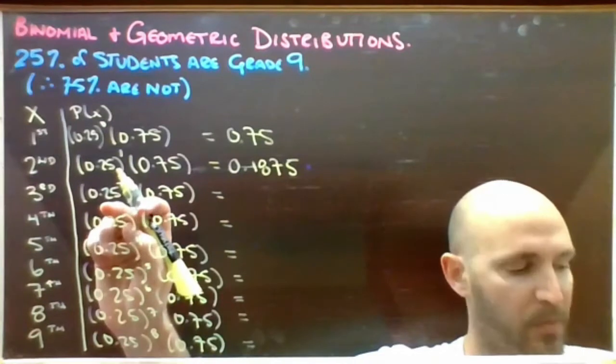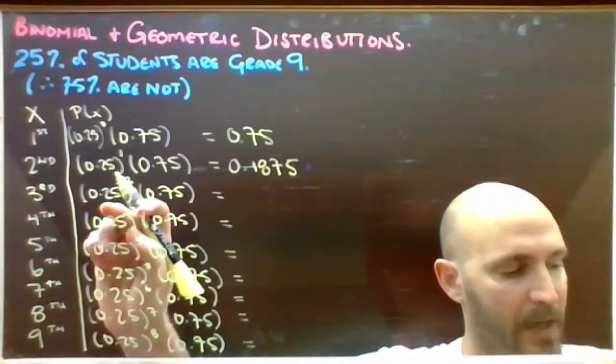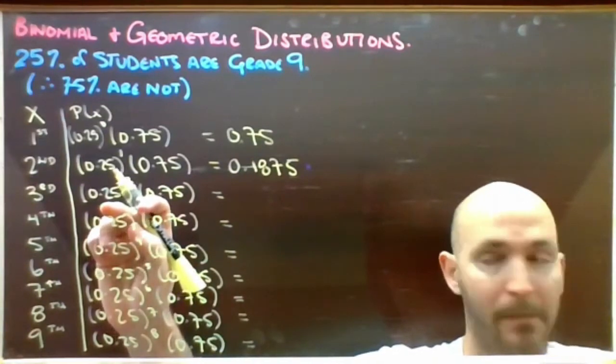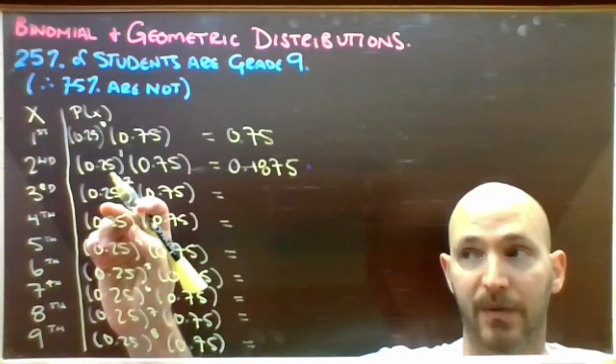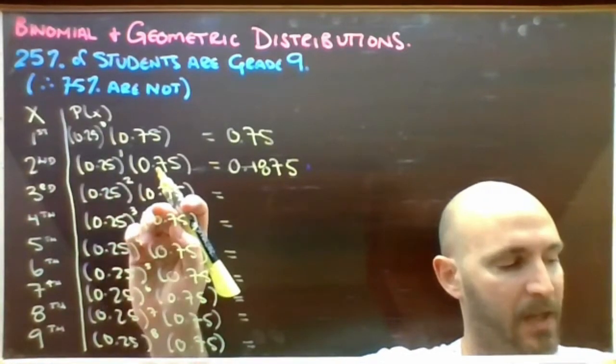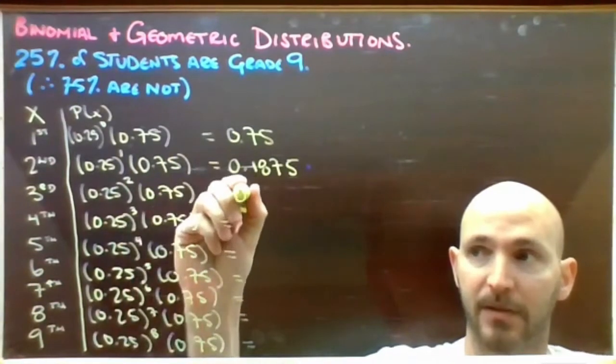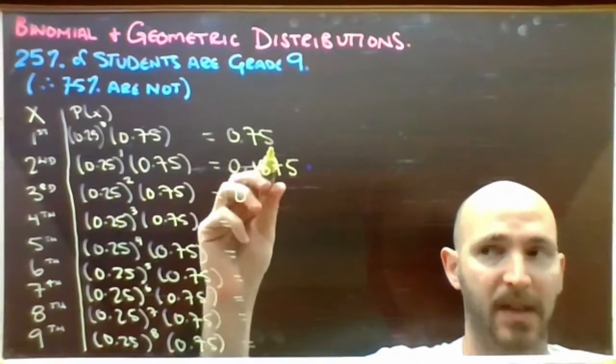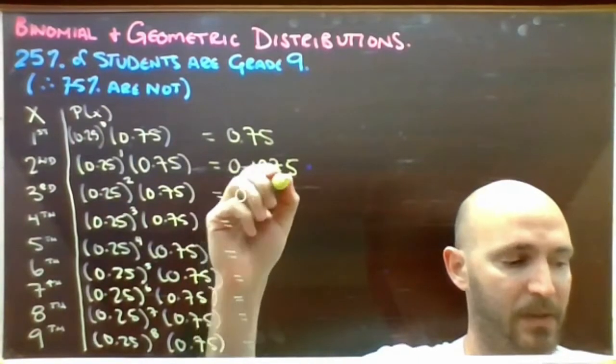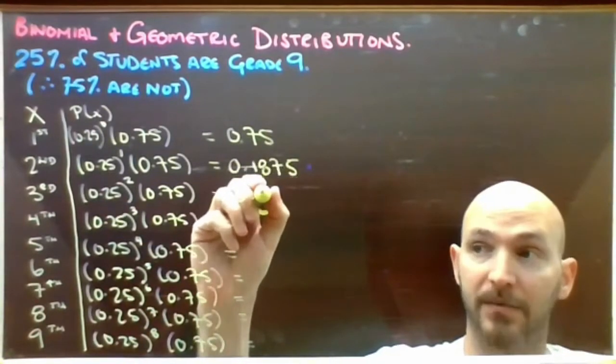For this one, 0.25 squared is 0.0625 multiplied by 0.75 is 0.046875. And I'm going to cut it off at 4 decimal points. 0.0469 if I round.